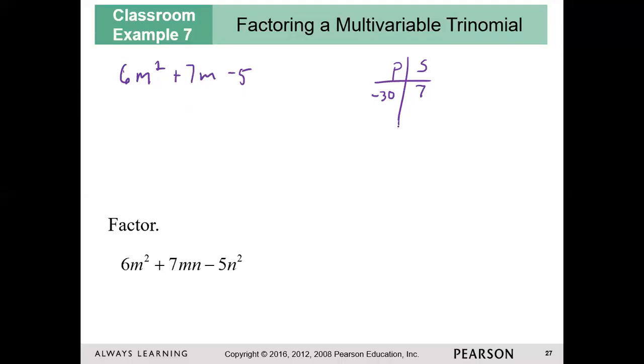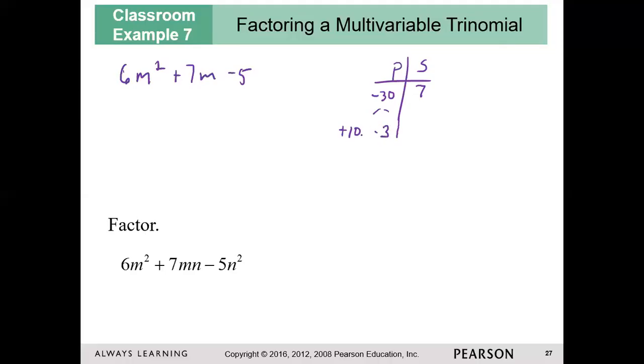So we are looking for our product of negative 30, which means one's positive and one's negative, and it better add up to 7. So we've got factors of 30 would be 6 and 5, 10 and 3, and that's our winner. So we've got 10 and 3.